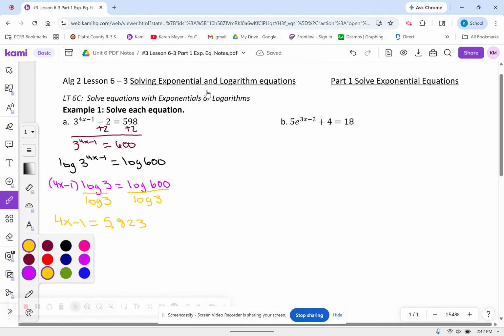From here, I would just solve this like a normal equation. So add the 1 over: 4x equals 6.823. Then divide that by 4, and I get a final answer of x equals 1.706.